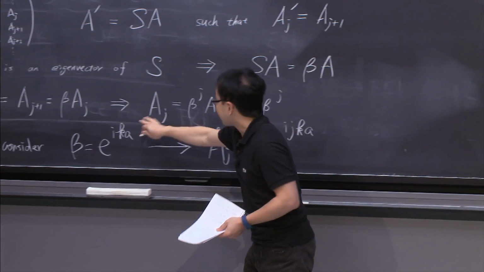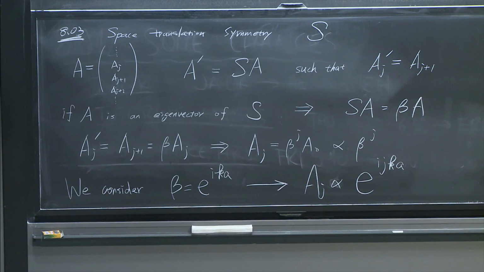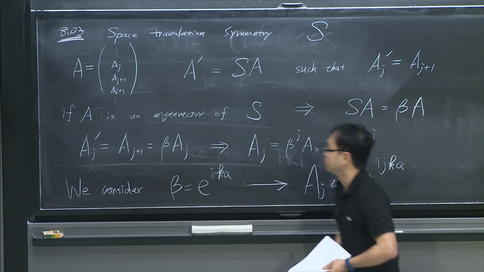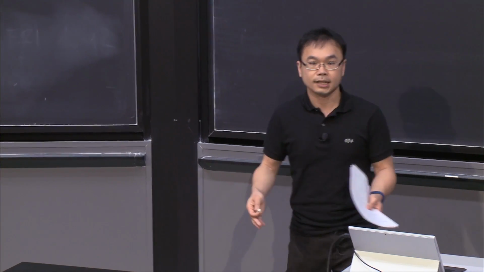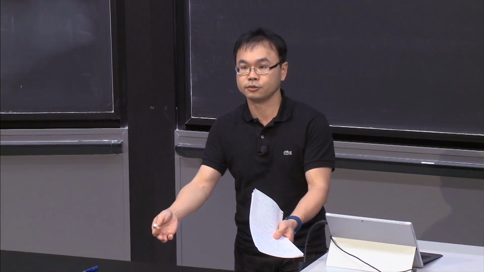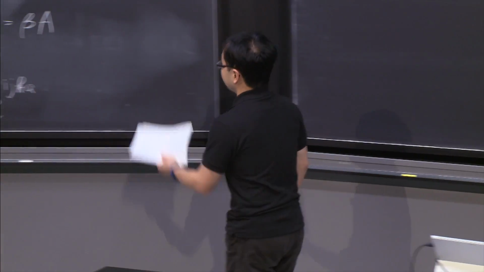That means A_j will be equal to beta to the j times A_0. Therefore, we can conclude that A_j is proportional to beta to the j. Beta is still some coefficient which we have not determined, and it can be anything.